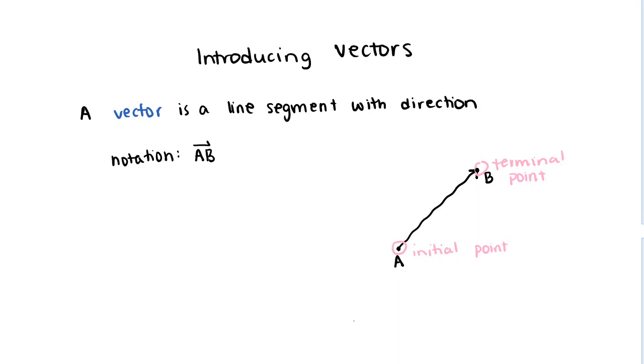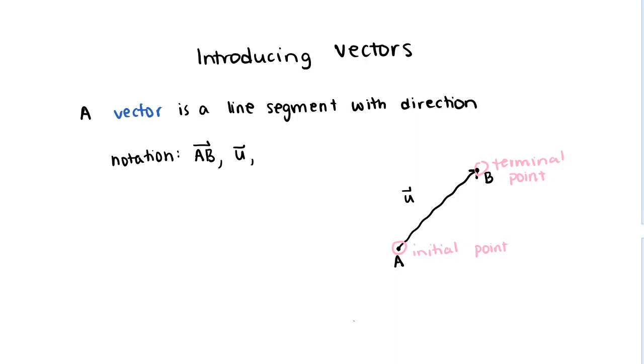Sometimes we'll also label this vector with a variable, so we might say this vector AB is going to be the vector u, and we might also use a little arrow on top of that variable. And then sometimes in text we use boldface notation to denote a vector.